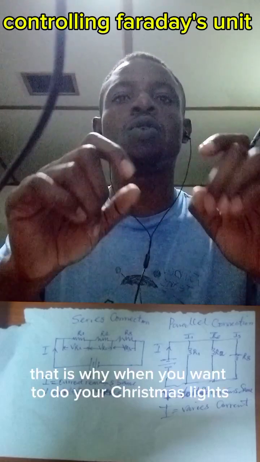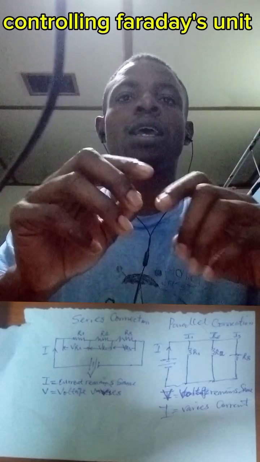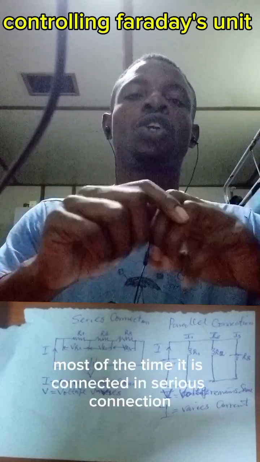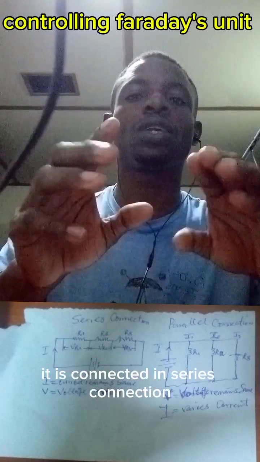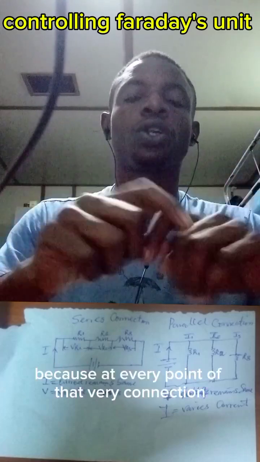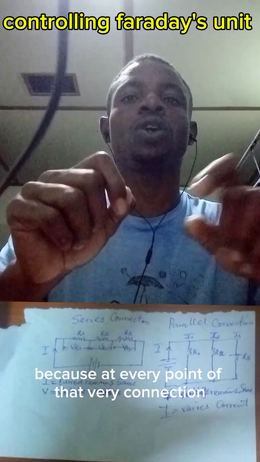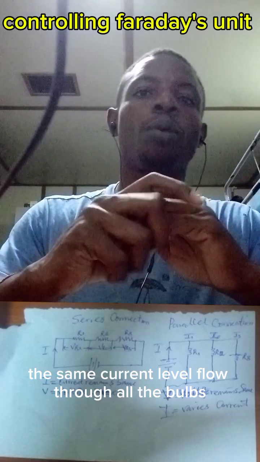That is why when you want to do your Christmas lights, disco light, most of the time it is connected in series connection. Why is it connected in series connection? It is connected in series connection because at every point of that very connection, the same current level flows through all the bulbs.